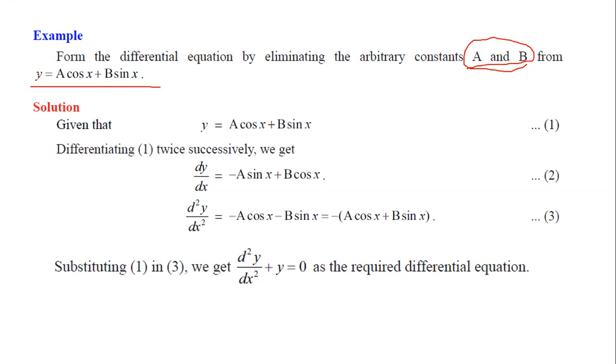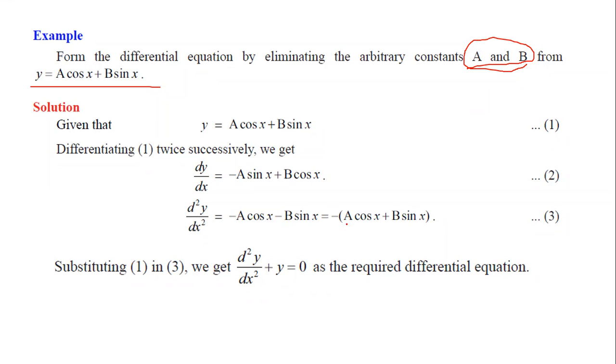See the solution. Given that y equal to a cos x plus b sin x, differentiating with respect to x first, dy by dx is minus a sin x plus b cos x. One more time you have to differentiate. Once two arbitrary constants are there, you have to differentiate two times. If only one arbitrary constant is there, differentiate only one time. That is the clue. So d square y by dx square is minus a cos x minus b sin x.